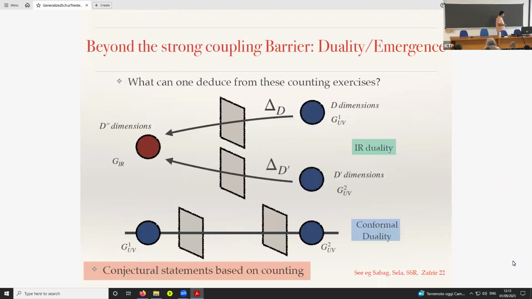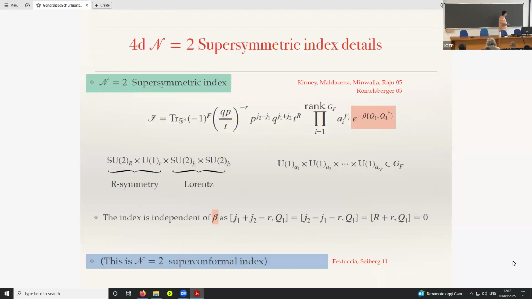Okay, so let me go to the concrete setup that I will be discussing. What I am going to tell you about is only true for four-dimensional N=2 supersymmetric quantum field theories. So let me introduce the supersymmetric index in four dimensions. Before that, the discussion was general, but now let us specialize to N=2.